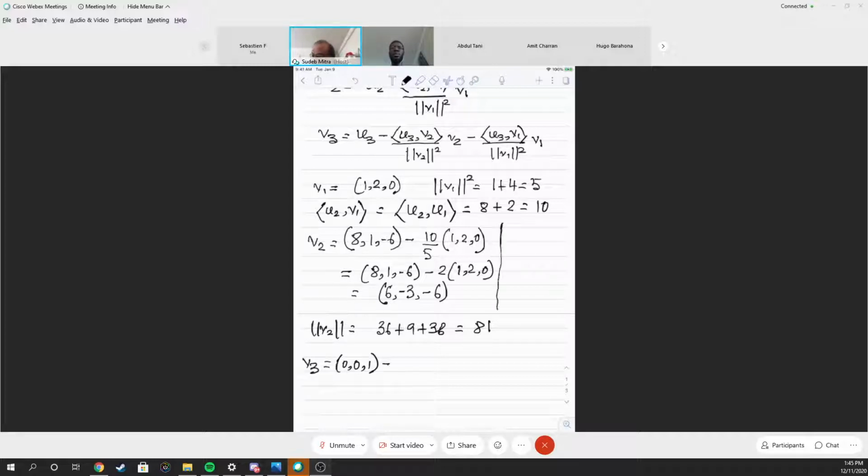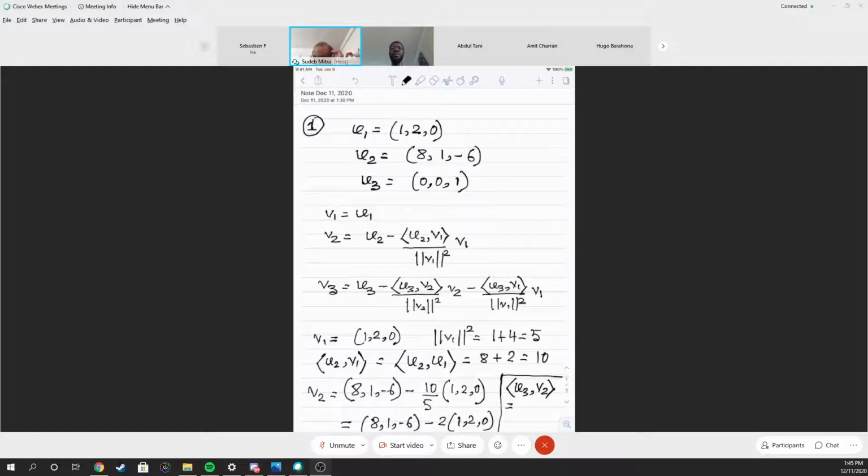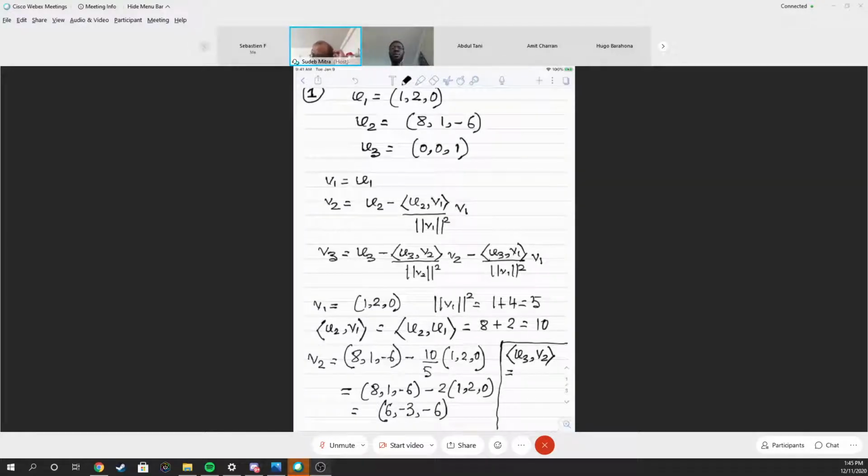Let's do this here. This is very difficult to do on an iPad. U3 and V2. Where is V2? V2 is here, with U2. Okay, let's see, 48 minus 3, 45 plus 36, 81.